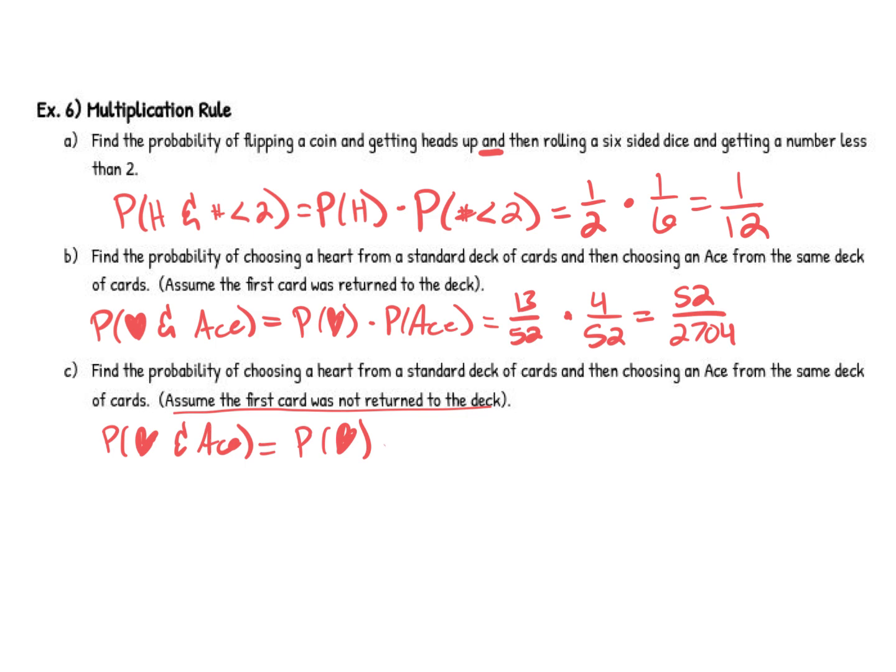So we multiply. Our heart is still 13 over 52. But this time our ace is 4 out of the 51 remaining cards. So we have 52 over 2,652.